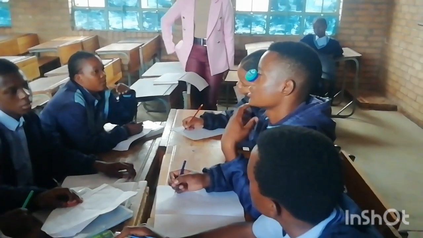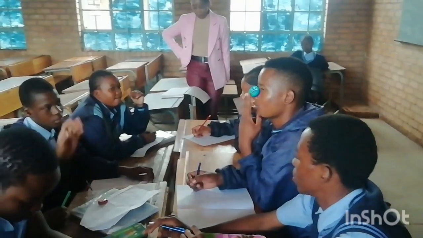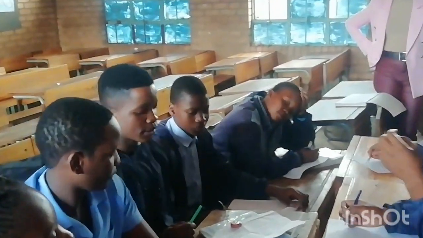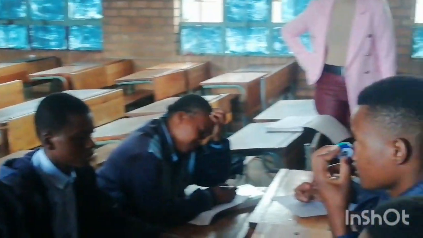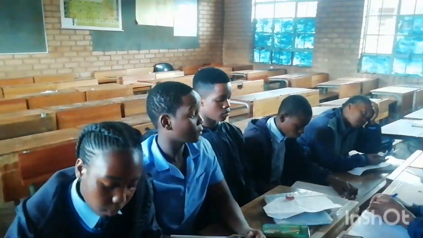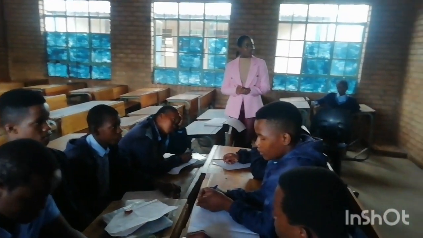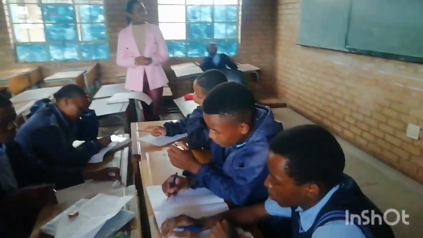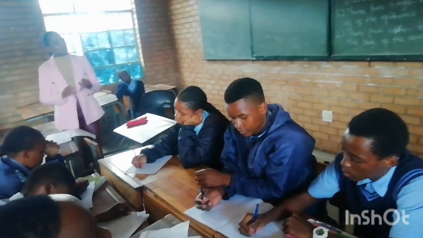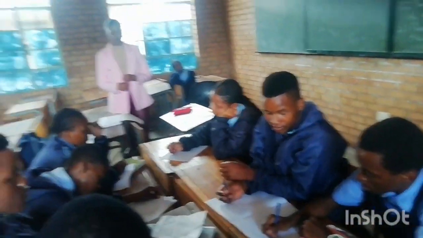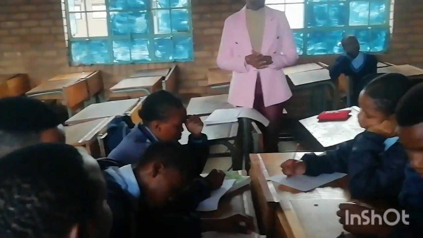The second one: root hairs are present. These are 2 ways the root can be identified from its internal structure. If you got them, then you are correct.